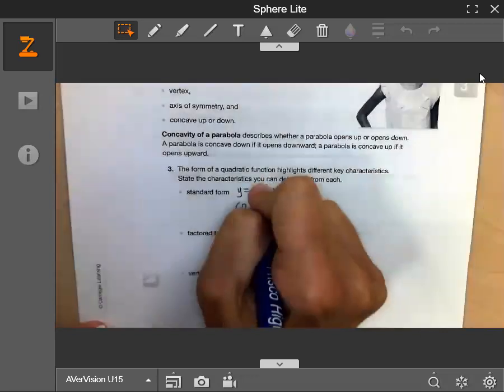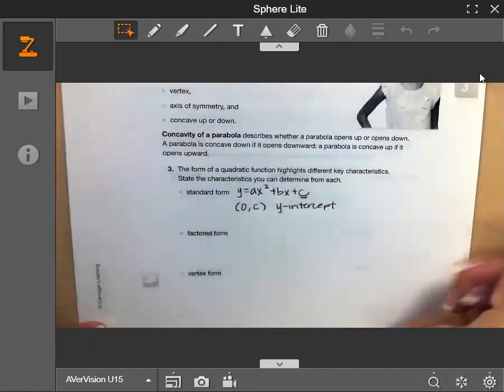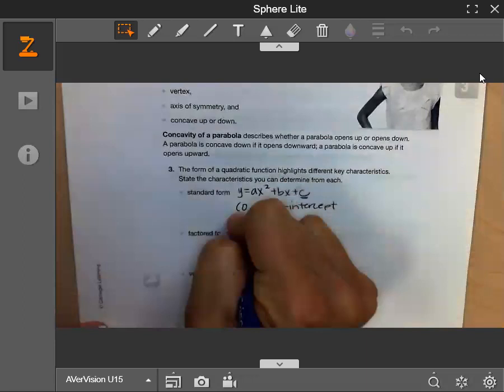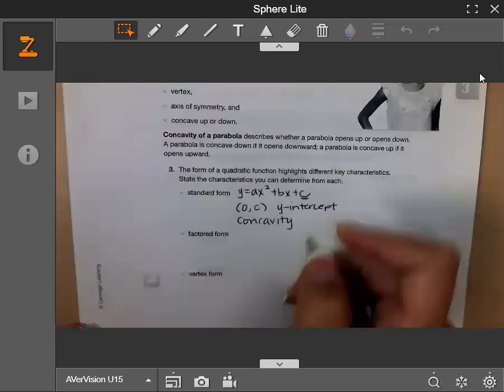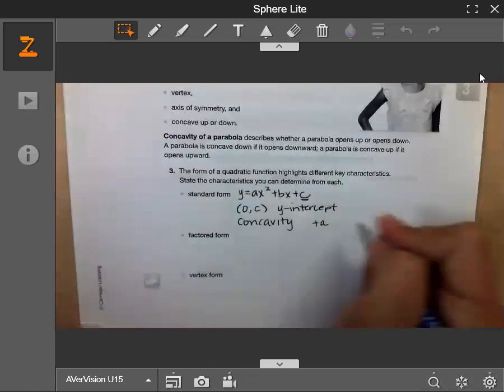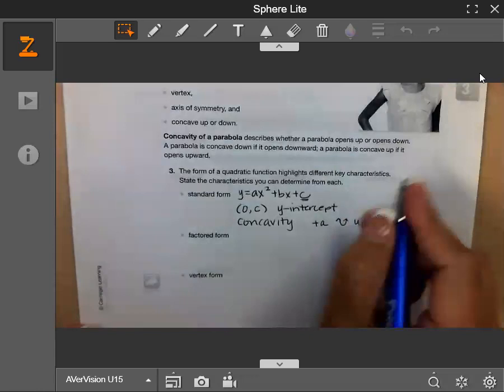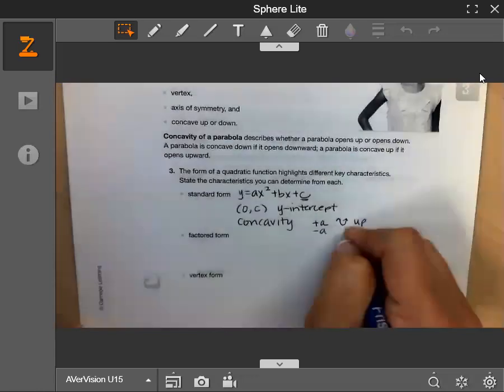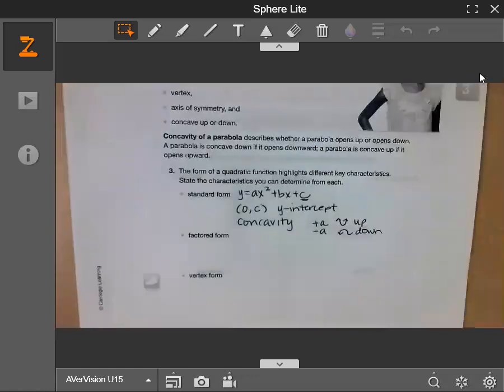So 0, c is the y-intercept. And then it also gives us the concavity, whether it opens up or down. If the a value is positive, it is going to open up. If the a value is negative, it is going to open down. Those are the two big pieces of information that, looking at the standard form, you can get those key attributes from.